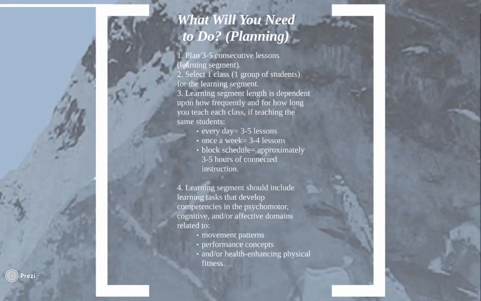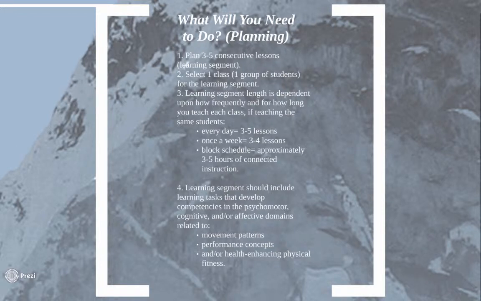The first thing you're going to need to do is plan. You'll plan 3 to 5 consecutive lessons. edTPA refers to this as a learning segment. Within that learning segment, you're going to select one class, one group of students in that class.